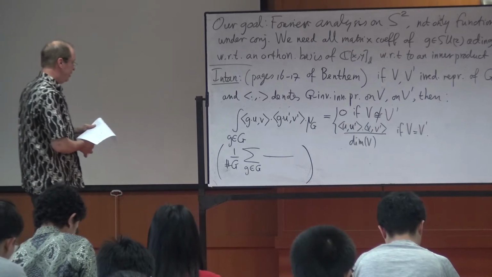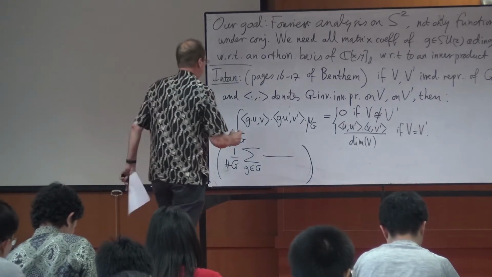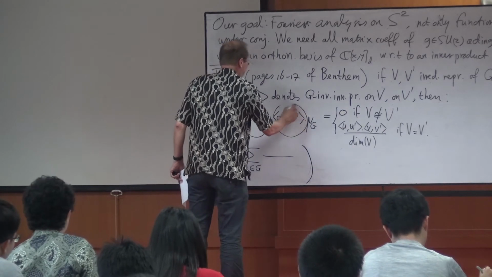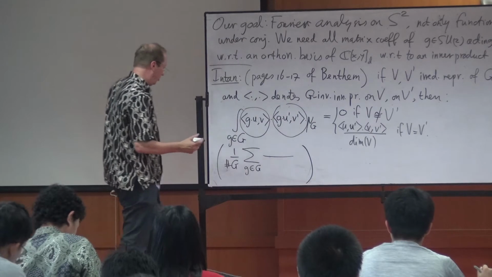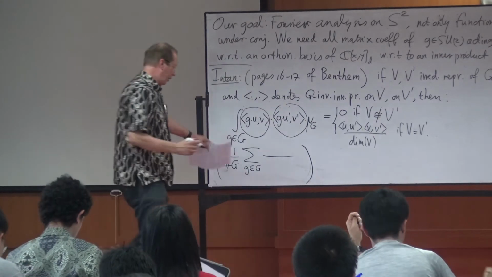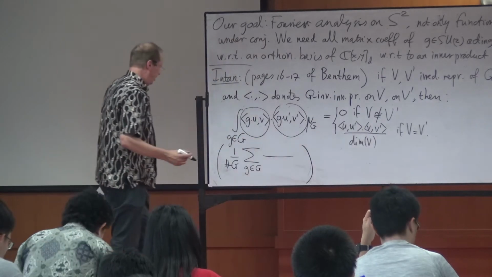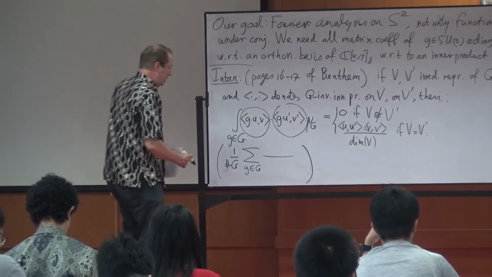And how should we see this, right? This is a function of g, because the u and the v and the u prime, v prime are fixed. So these are functions on G. And what does this relation say?